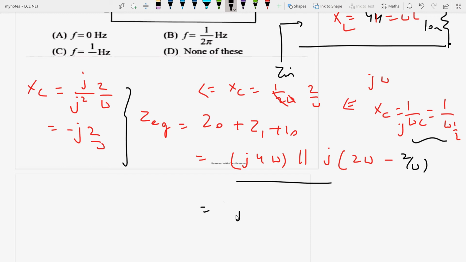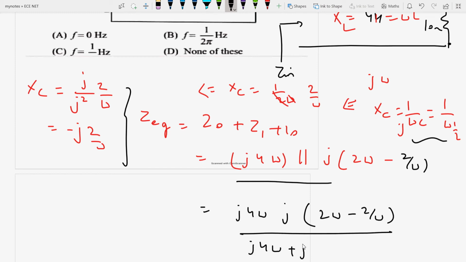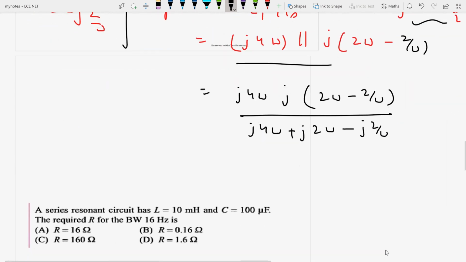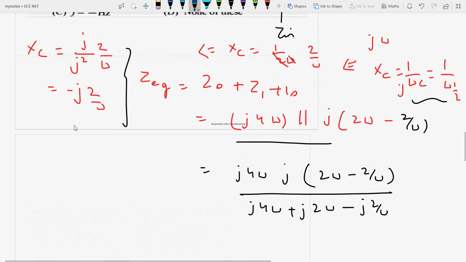It will be j 4 omega, in parallel with j 2 omega minus 2 by omega, and then you are going to add it, so it will be j 4 omega plus j 2 omega minus j 2 by omega. Just follow this. I think there is no more space, but sure.